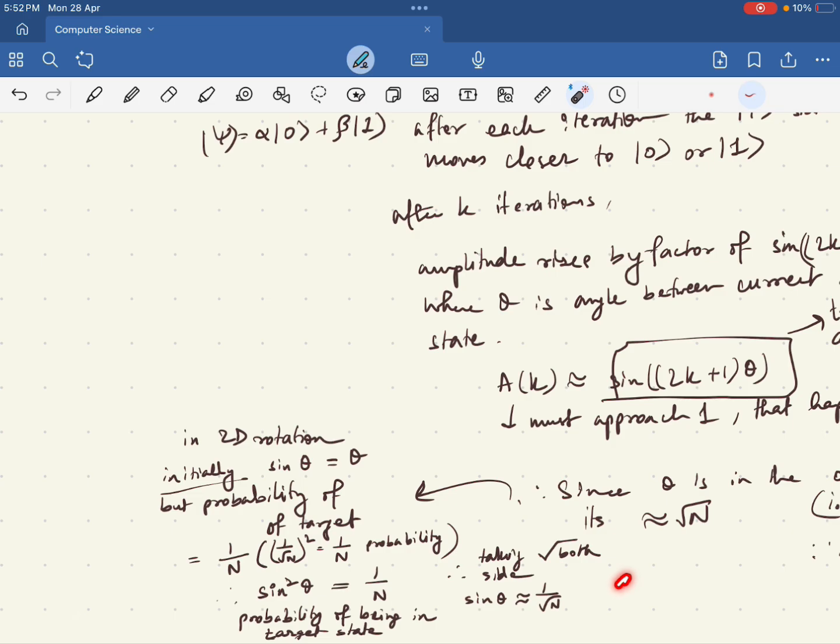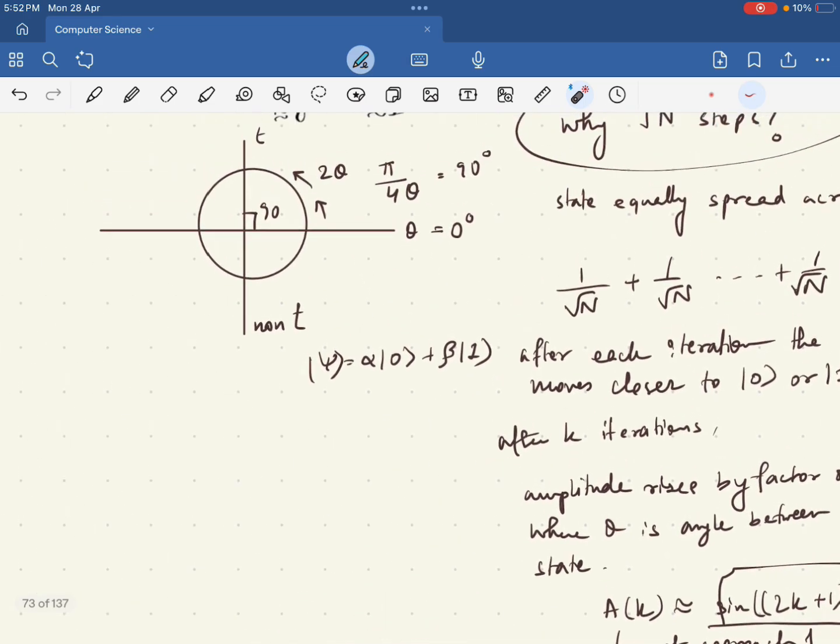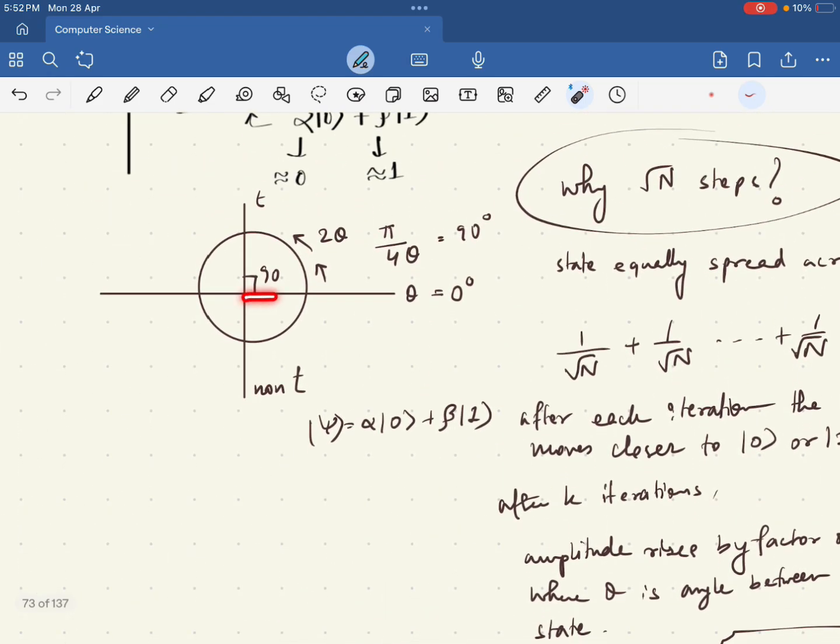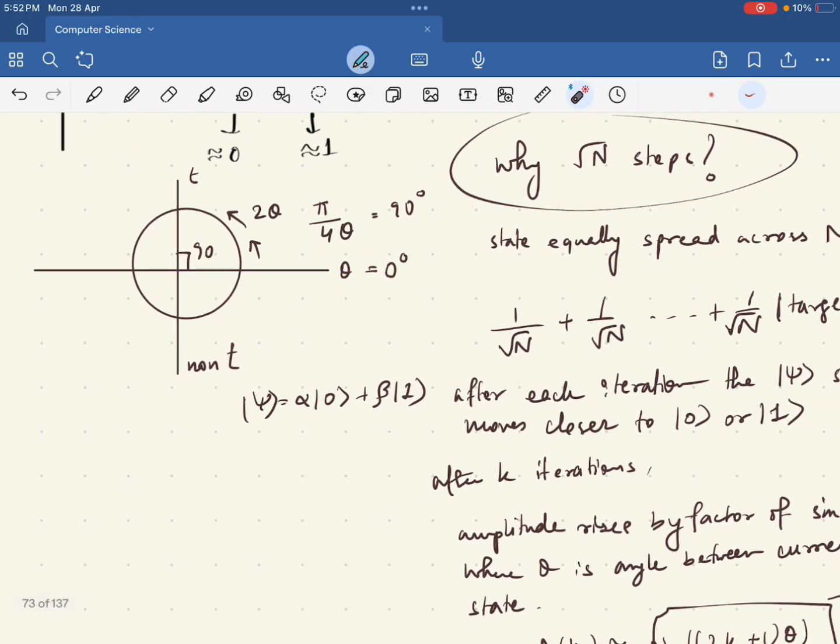But simply, since initially the amplitudes are 1 by root N, we can say that theta is also equal to 1 by root N.